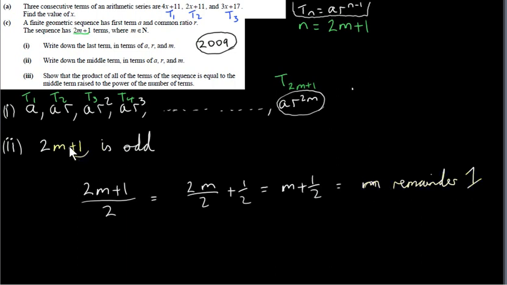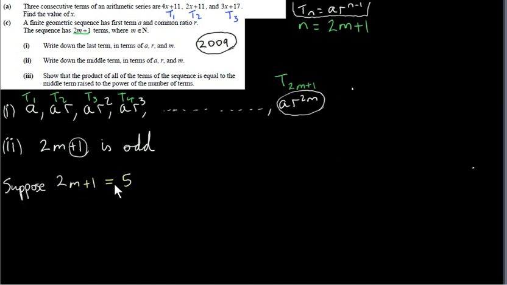So we get a remainder when we divide by 2, which means we're talking about an odd number. So for example, 11 is an odd number. If we divide by 2, we get 5, remainder 1. If we have 13 divided by 2, we get 6, remainder 1. We always get a remainder of 1 when we divide an odd number by 2.